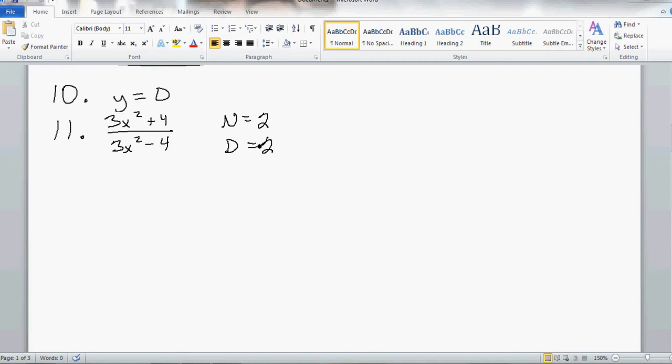So basically, since the degree of the numerator and the degree of the denominator are the same, then what we need to do is take just these leading terms and set them one over the other. In other words, I'm looking at y equals, take just the first term here, 3x squared over 3x squared. And of course, this is very simple to simplify. This becomes 1. Or in other words, the horizontal asymptote is y equals 1.